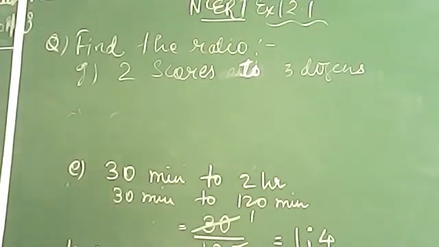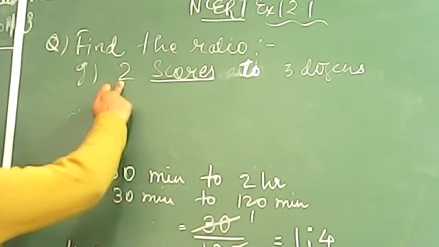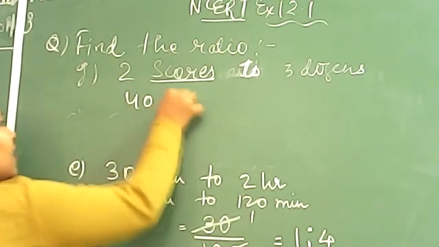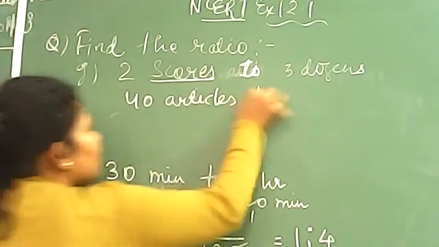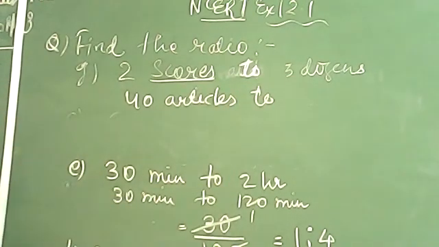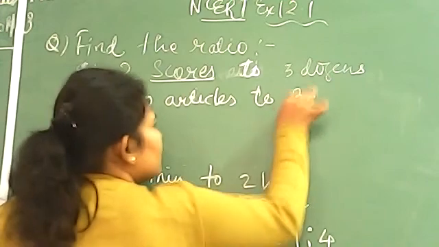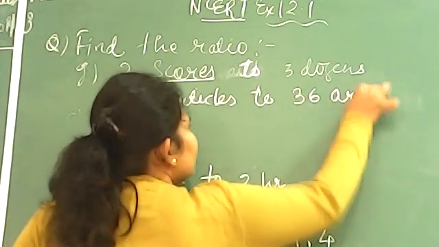The last question is 2 scores to 3 dozen. Now remember, score is again a group of objects. 1 score always means 20, so 2 scores means 40 articles. Article matlab saman. Then 3 dozen. A dozen is again a group of objects. 1 dozen में 12 articles come, so 3 dozen means 36 articles.